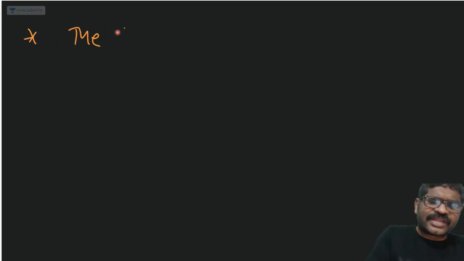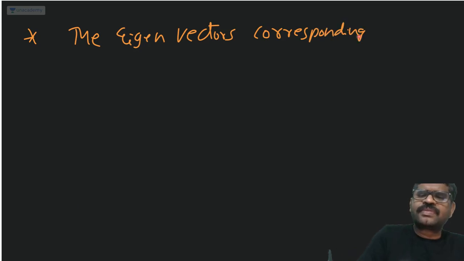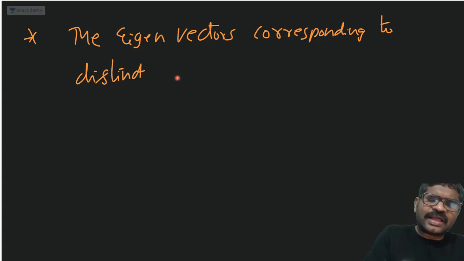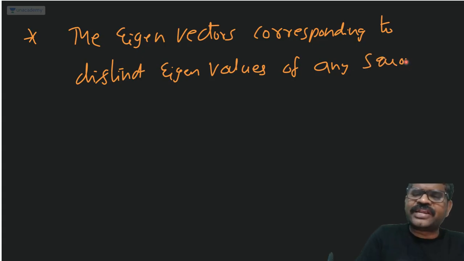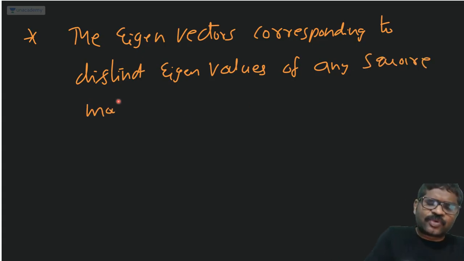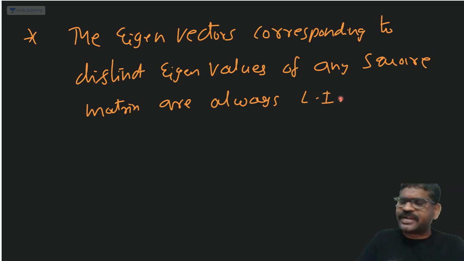The eigenvectors corresponding to distinct eigenvalues of any square matrix are always linearly independent.